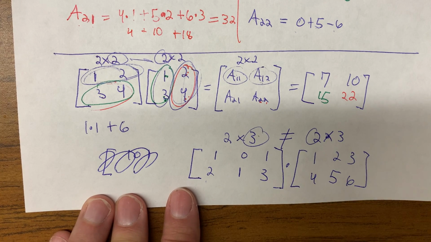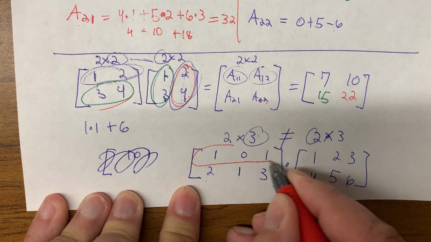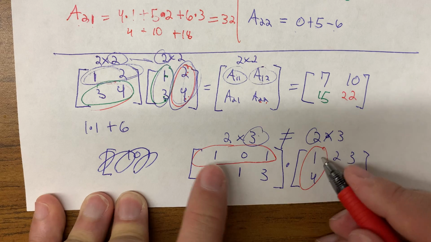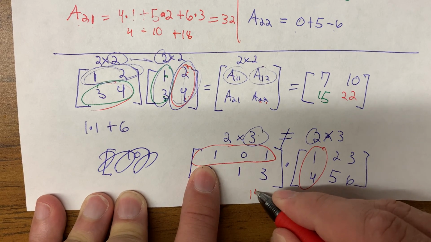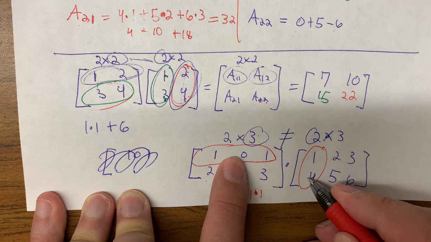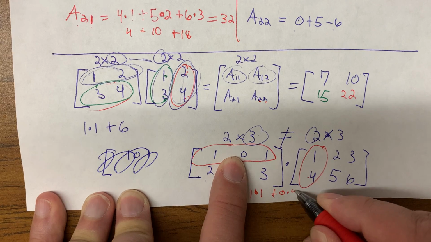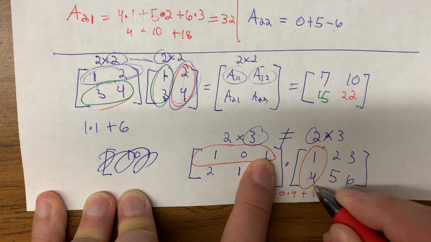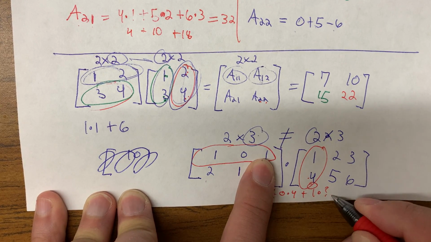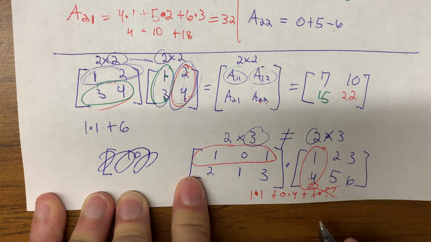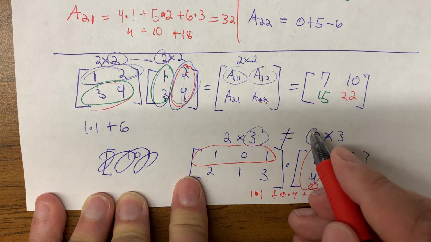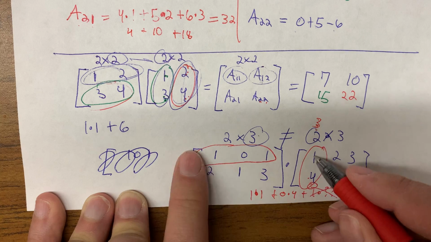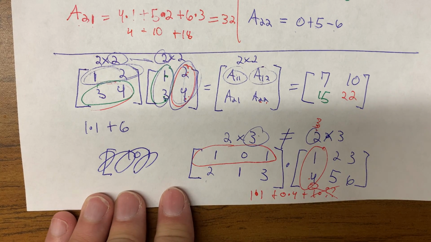And it makes sense. If you try to multiply the first row by the first column, you get 1 times 1, 0 times 4, plus 1 times, and there's not a third element here. That's why this is undefined, because you need these numbers to match up. If this had been 3, then you would have the right number of elements to multiply, and it would work out.